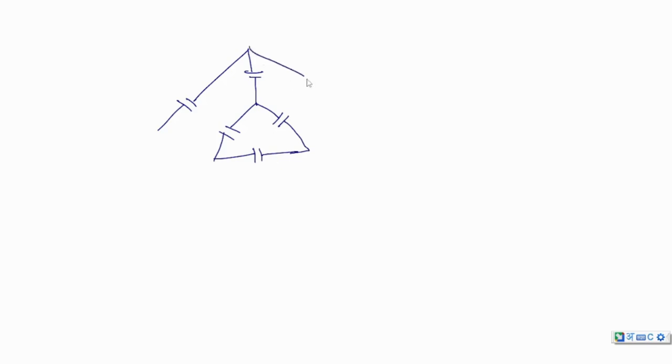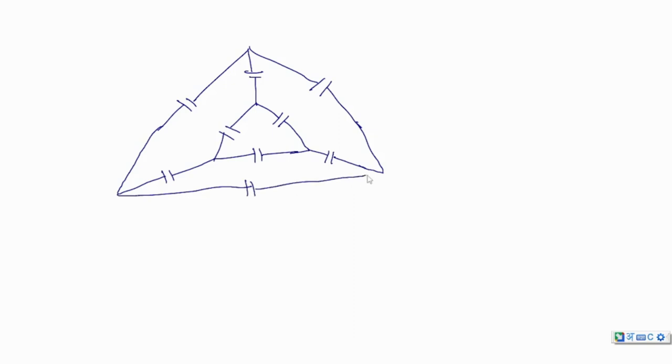They are connected in this manner, and you need to find the equivalent capacitance between this point and this point, this is A, this is B. You need to find C equivalent.